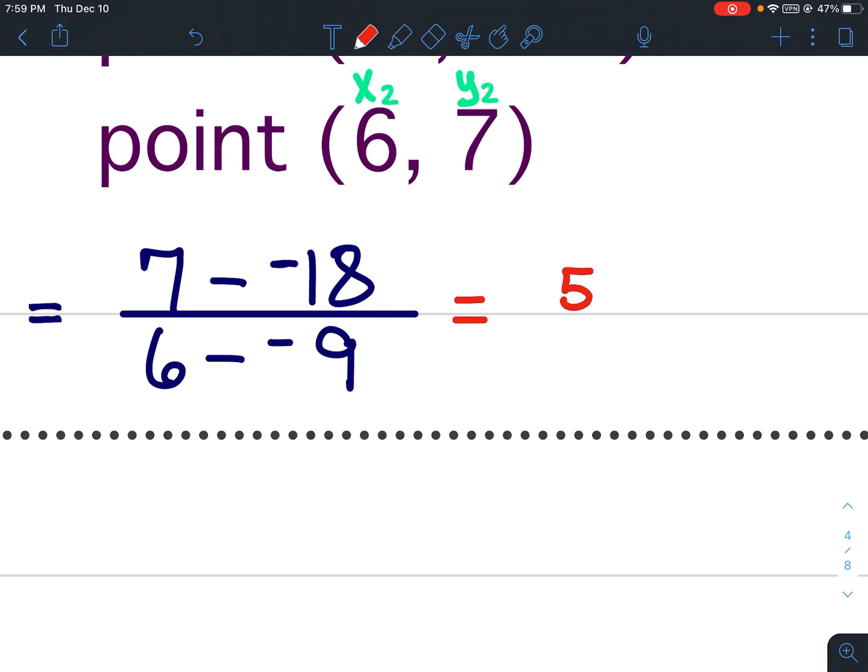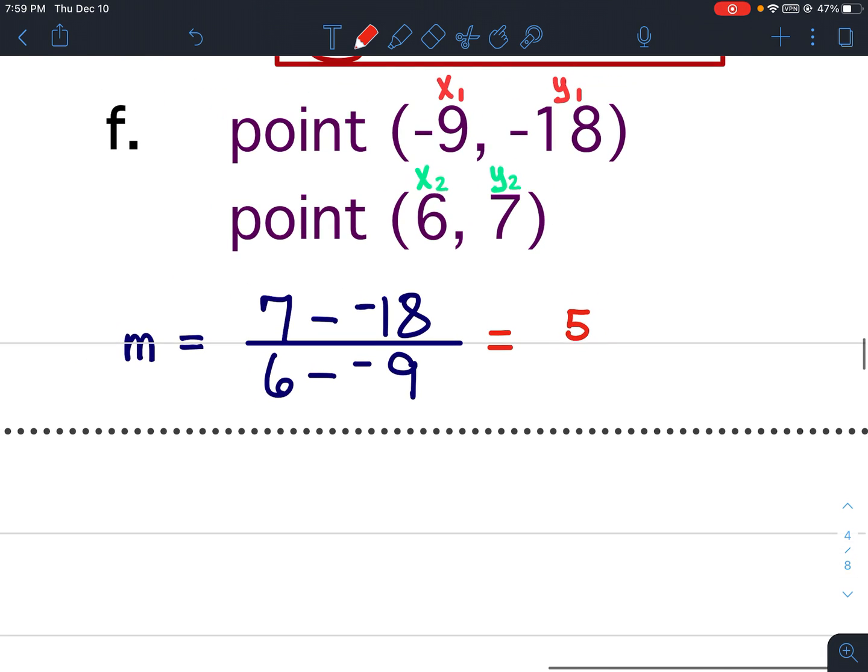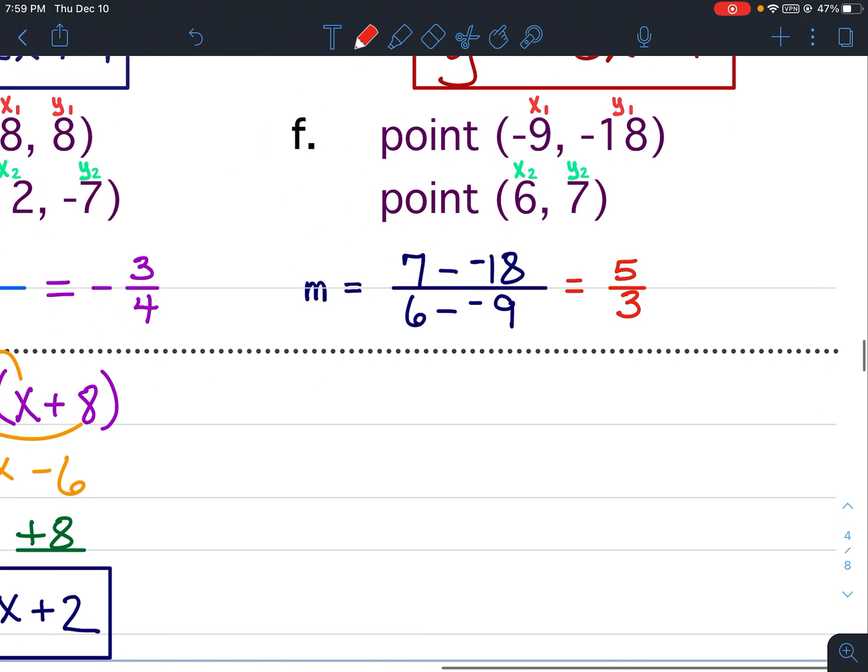So our slope, given these 2 points, is 5/3. All right, now we know m, x1, and y1. We're going to plug it into our equation.